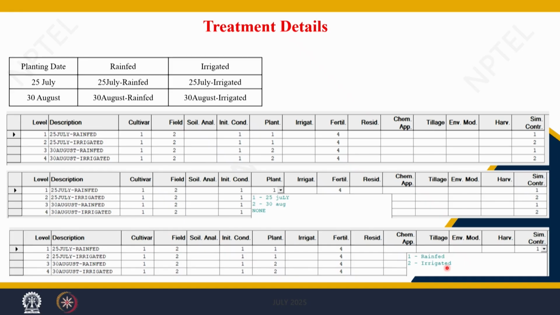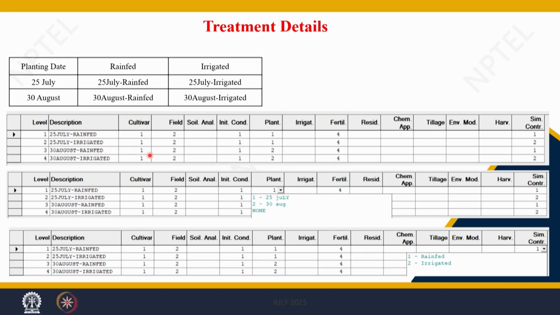So, for particular threshold levels, when soil moisture goes below the threshold level, irrigation is given, as we explained in the data inputs as automated irrigation, up to the point where soil moisture reaches 100% available. So, this is the automatic irrigation. 1 stands for rain-fed conditions, 2 stands for irrigated.